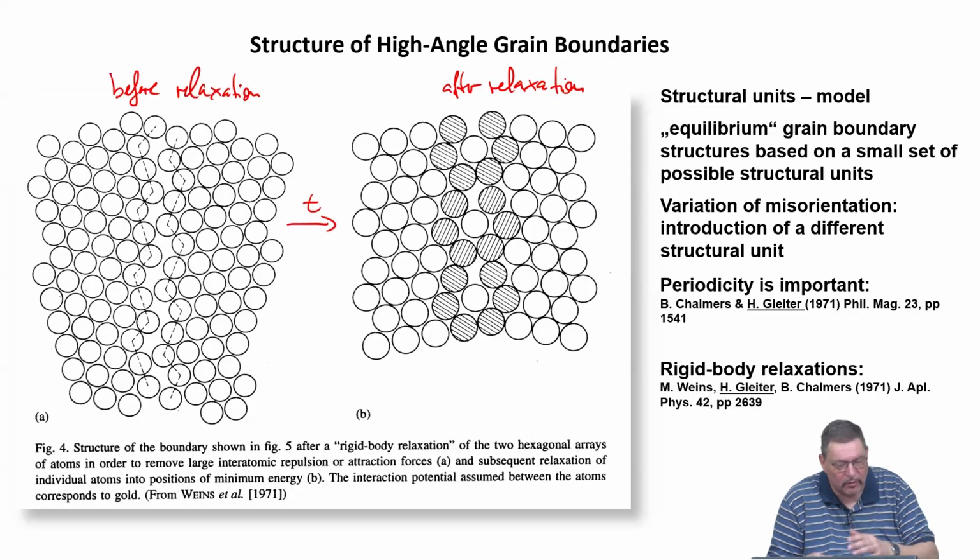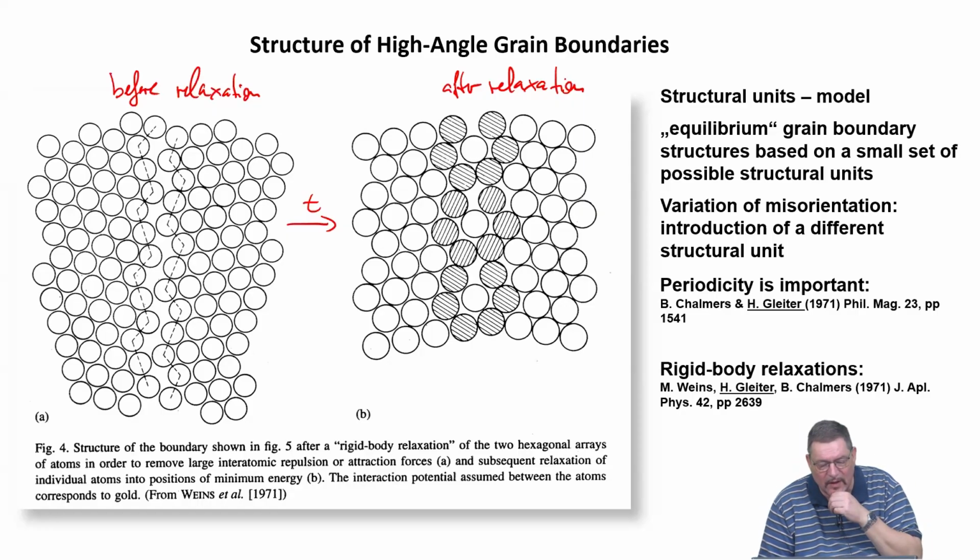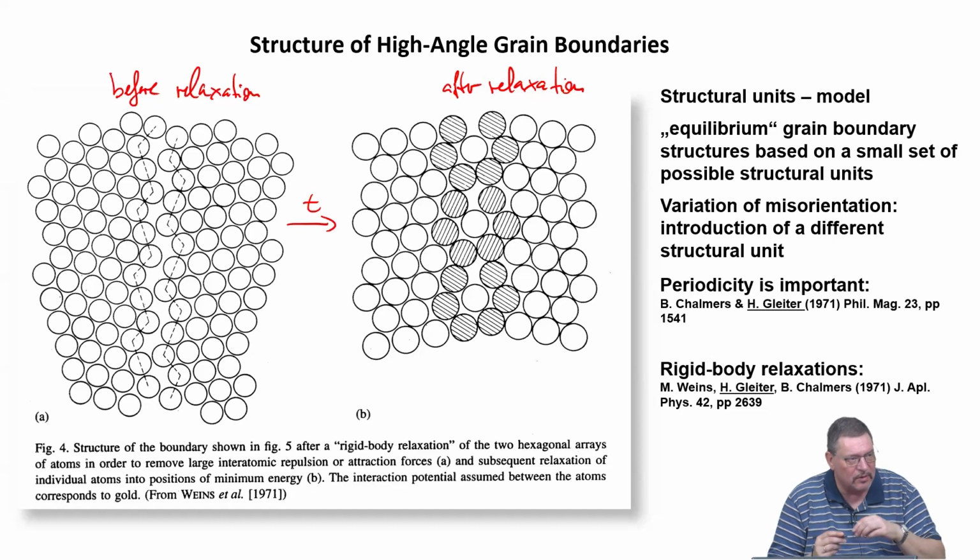Then this shuffling occurs, and so it means that there is now a much more ordered structure in the high angle grain boundary plane, and also much less excess volume. And also the distribution of excess volume along the grain boundary plane is more uniform. It's not completely uniform because you still have concentrations here and maybe less here or here.